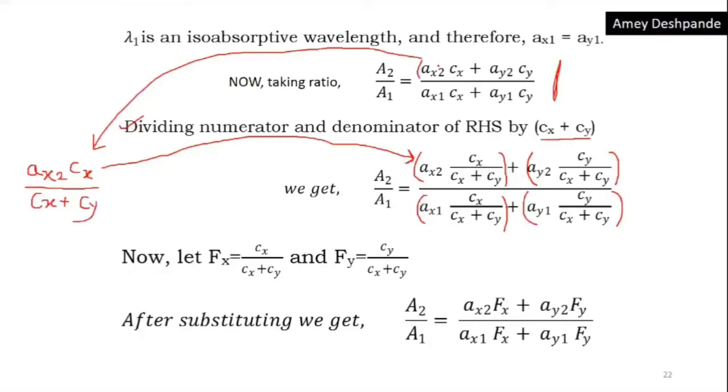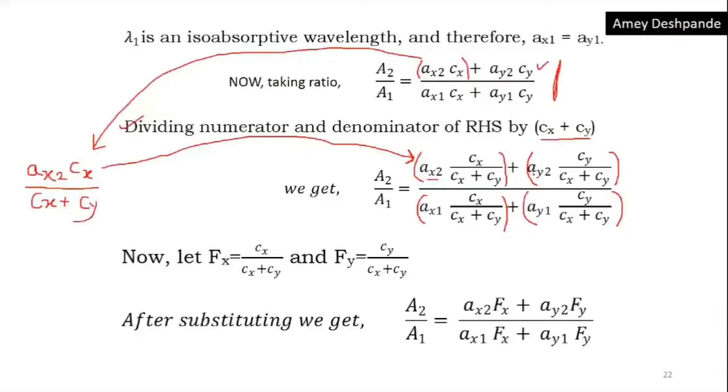Now consider only this term, AX2 Cx divided by Cx plus Cy. This can be written as AX2 multiplied by Cx upon Cx plus Cy.